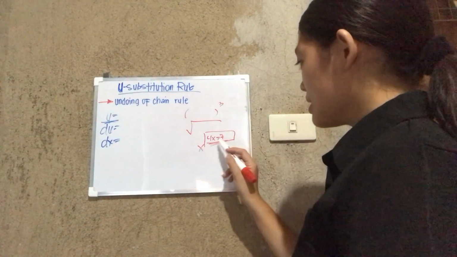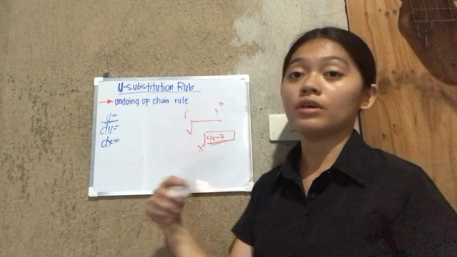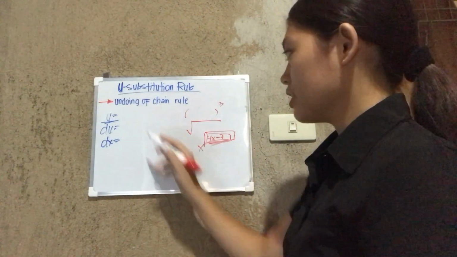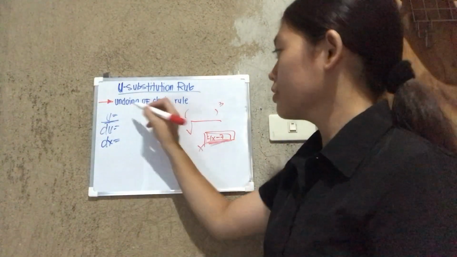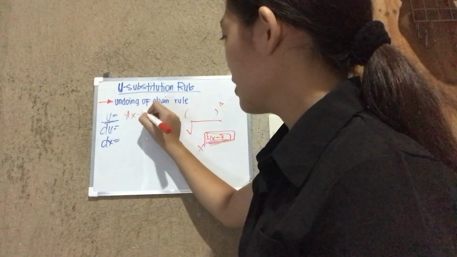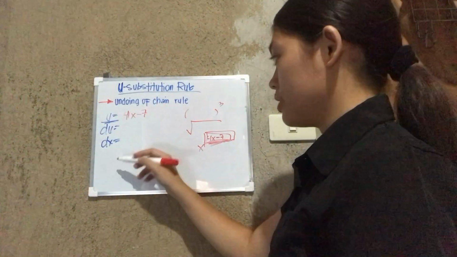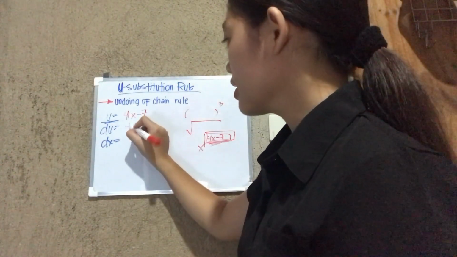So, for example, let's use this 4x minus 7 as an example in looking for the u, the du, and the dx. If we already have the inside function, then let u be 4x minus 7. Then we are going to derive the 4x minus 7, which will now be 4.